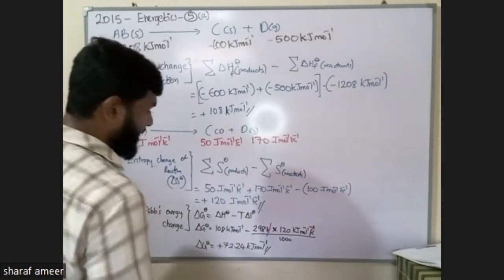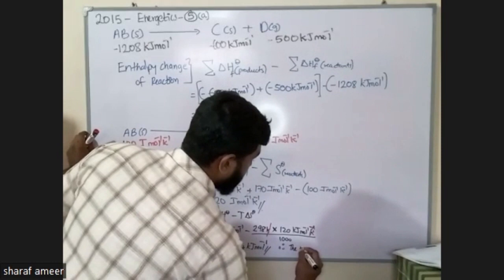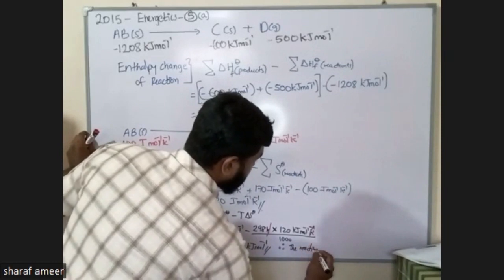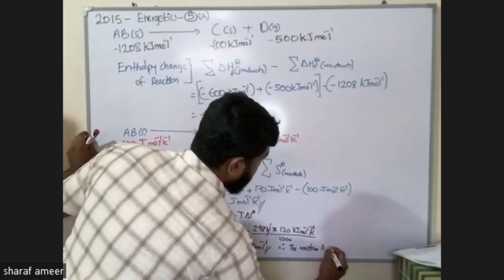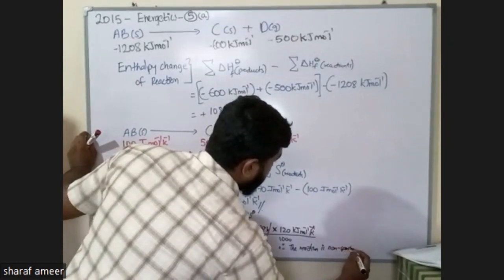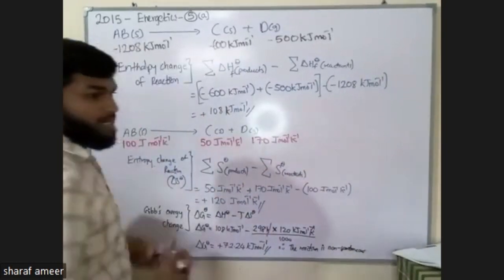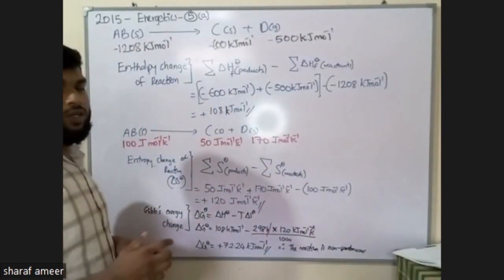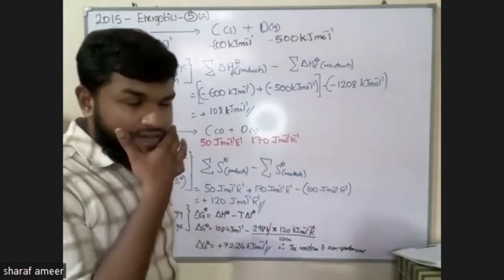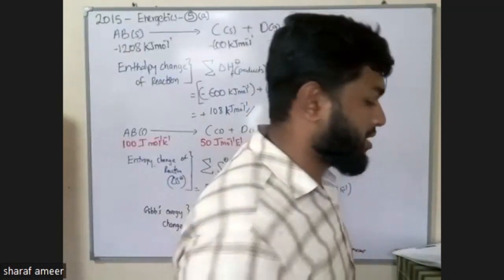Another statement you can write: therefore, the reaction is non-spontaneous. When we give the statement for that also we have marks. Understood? For that also we have marks.